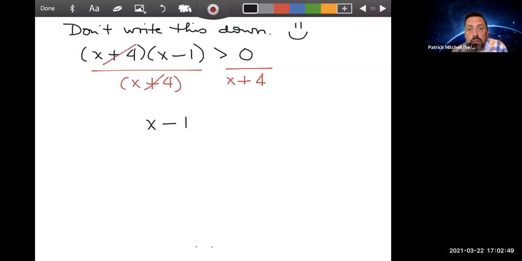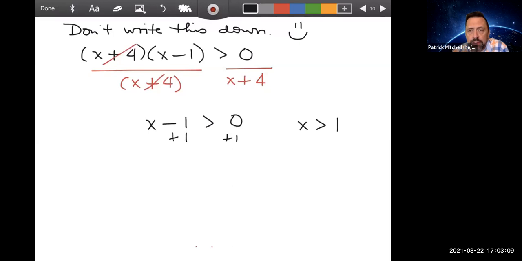And on the right side, 0 divided by x plus 4 is 0. That leaves me x minus 1 is greater than 0, which would, of course, mean that x is greater than 1. Wow, that was really easy.